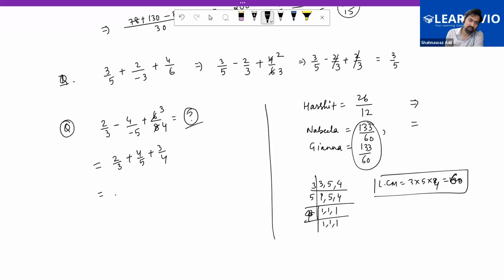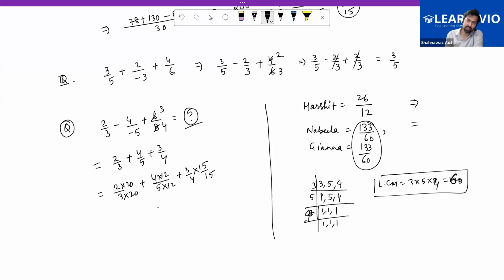Right. So now what should we multiply in all these fractional numbers? 20, right? So this is 20. And then 4 by 5, how much? 12. 12, right? So 12, and then 3 by 5 and... 15. 15, right?